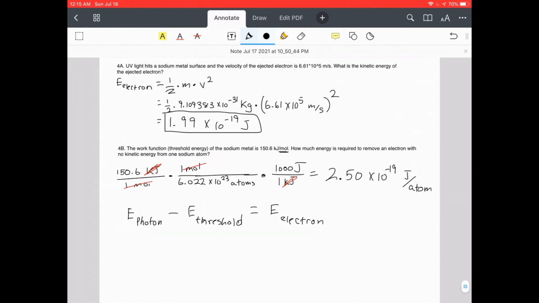But in this case, remember, we don't want any kinetic energy. We want no kinetic energy from our ejected electron. And so no kinetic energy is just a fancy way of saying 0.